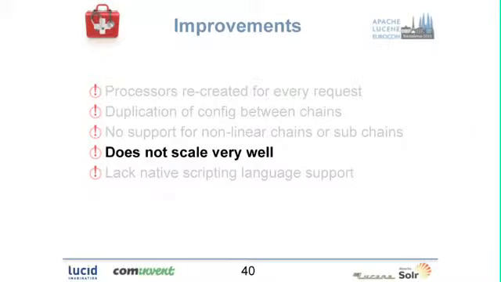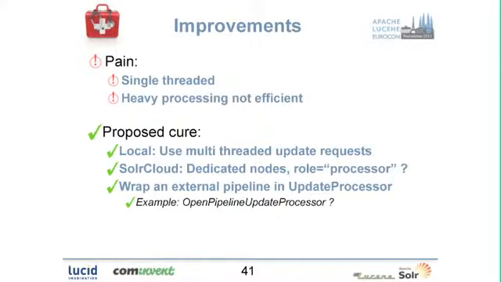About the scaling, processing is really single-threaded. I mean, it's as single-threaded as indexing is. The same thread that you send your update request to does the whole processing work and indexes it. So if you have a situation where you do much more processing, document manipulation, than you do indexing, then it doesn't really add up.